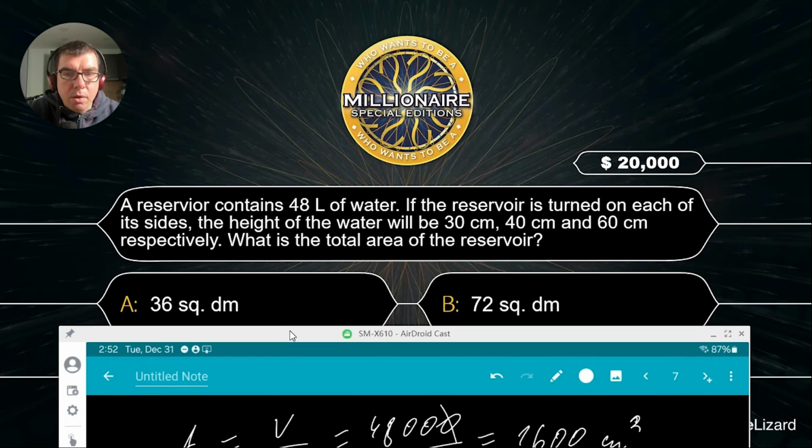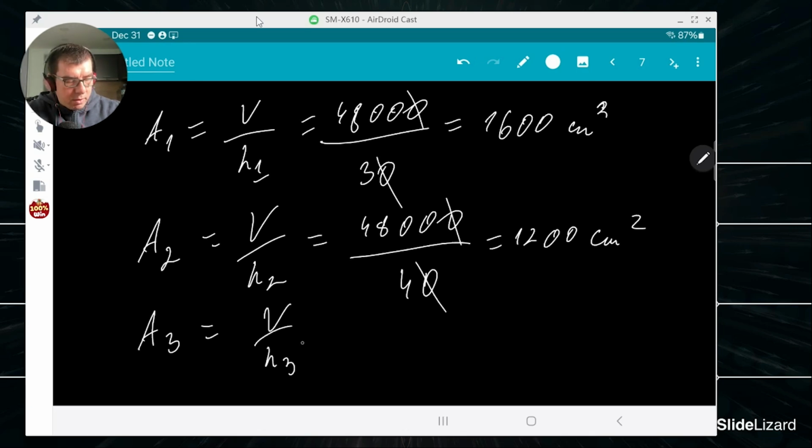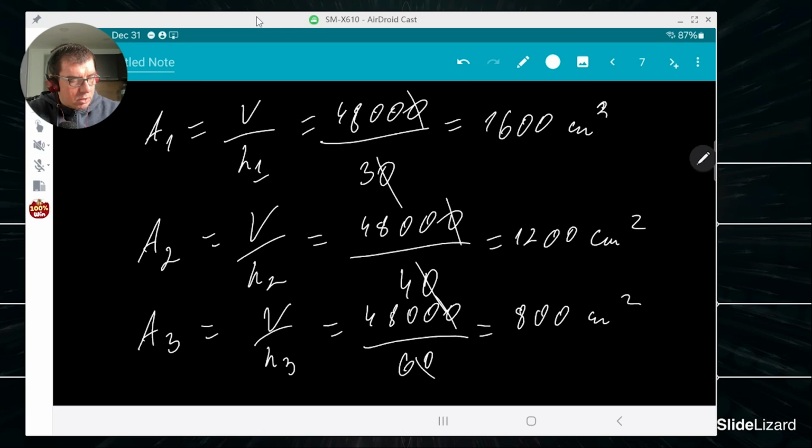A2 is V over H2, 48,000 over 40, 1200 centimeters squared. A3 will be V over H3, 48,000 over 60, and 48 divided by 6 is 800 centimeters squared.